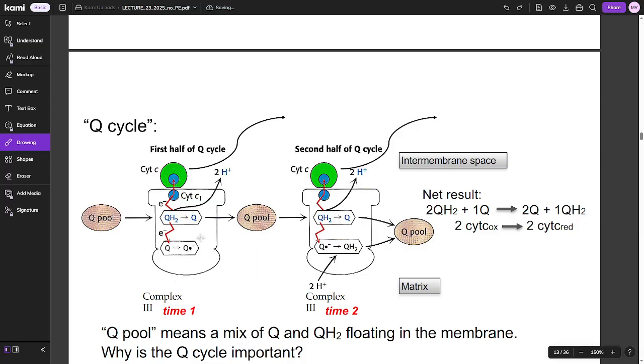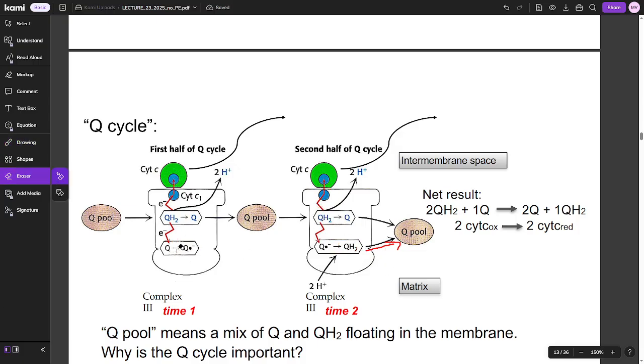Then we go to the second half of the Q cycle, where we take another Q. Like before, one of the electrons goes up to this blue thing, and one of them goes down here, and you end up with this. Then this will donate its electrons. Basically, every 2 Qs that go in end up making another Q, if that makes sense.